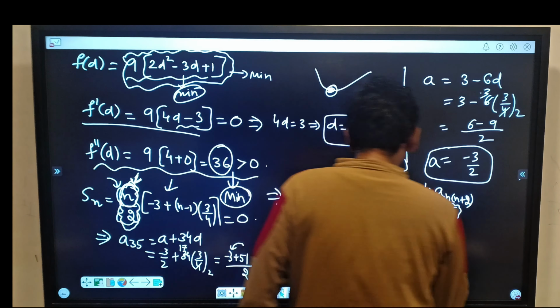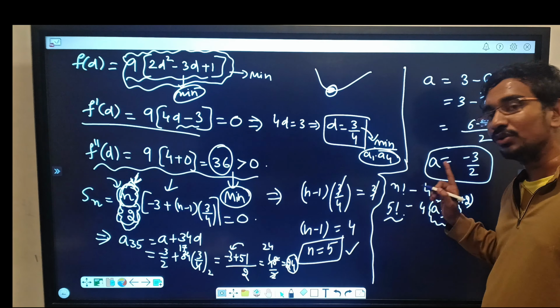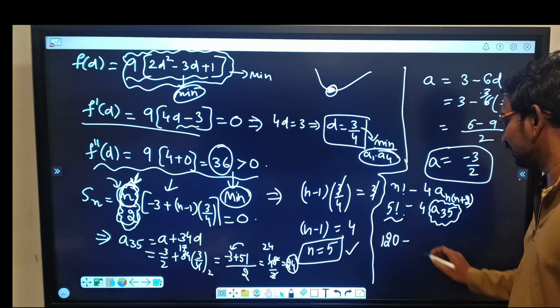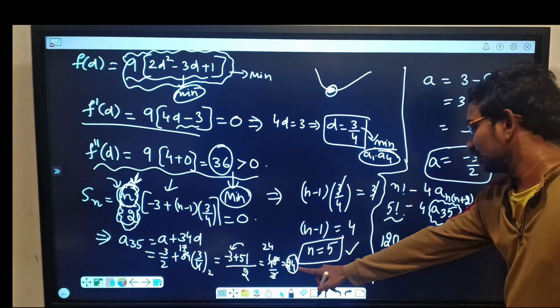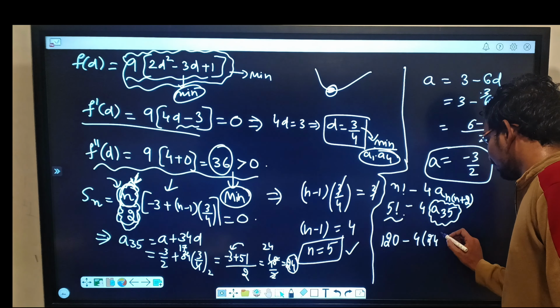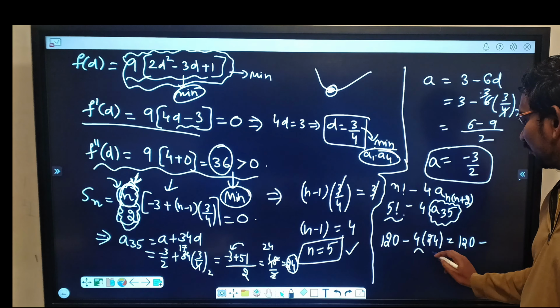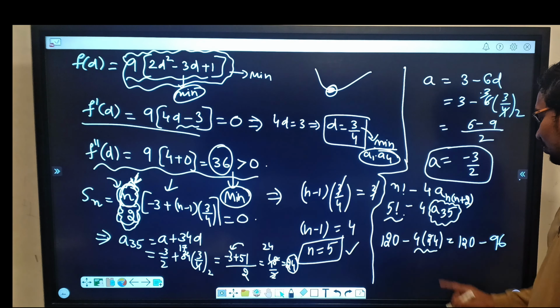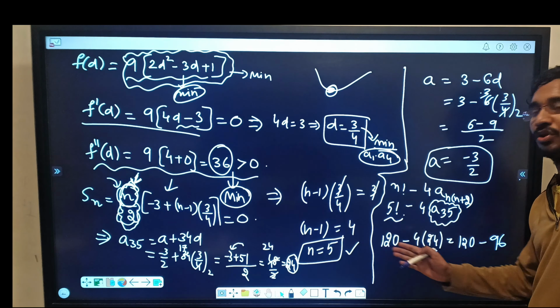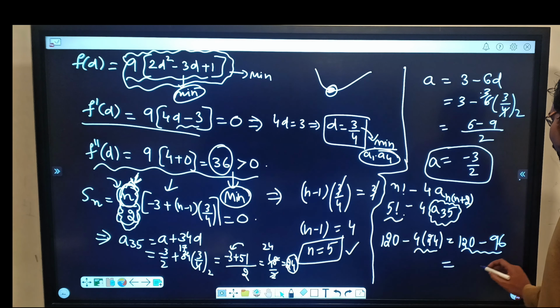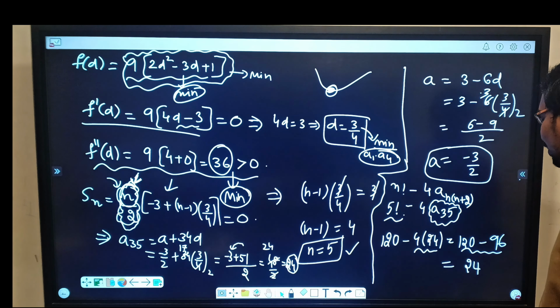So 5 factorial is 5 into 4 into 3 into 2 into 1, which is 120. 120 minus 4 into this 24. 4s are 96. 120 minus 96 is 24, see.